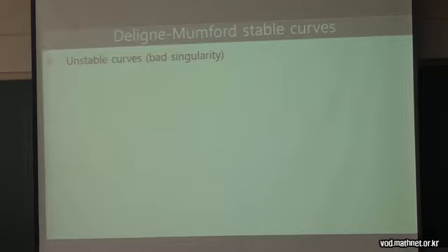So now, for the latter half of the talk, I want to emphasize that if a curve has a bad singularity, then it affects the stability. A curve cannot be too singular to be semi-stable. This is an important point.